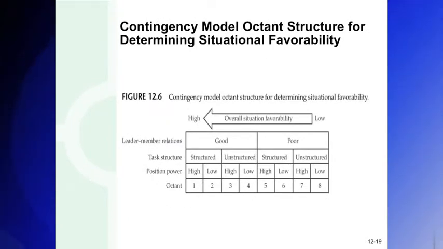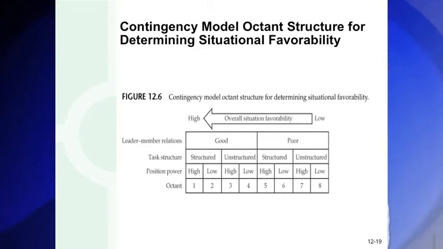Figure 12.6 talks about the contingency model octant structure for determining situational favorability. You have a situation that goes all the way from high overall situational favorability to low, and then it talks about the leader-member relations between all of those.